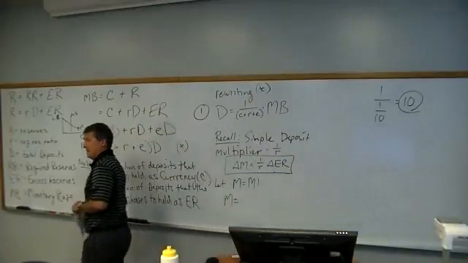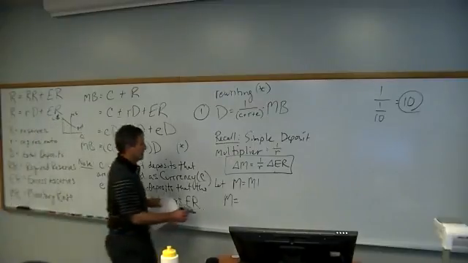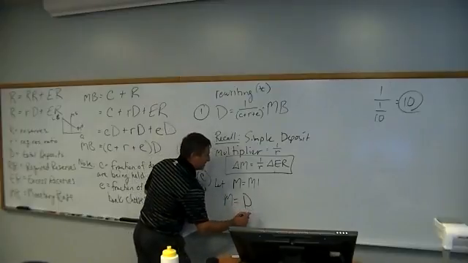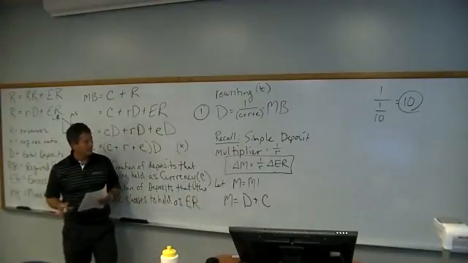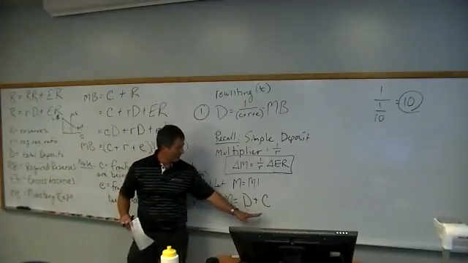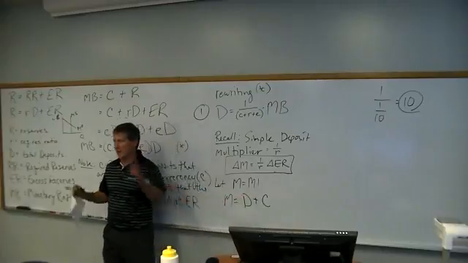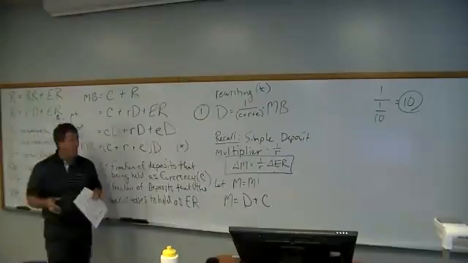M1: currency and checking account deposits. So we've got deposits plus currency, currency in circulation plus checking account deposits. We're just going to call them deposits, so we're simplifying our economy a little bit, with deposits being all checking deposits.